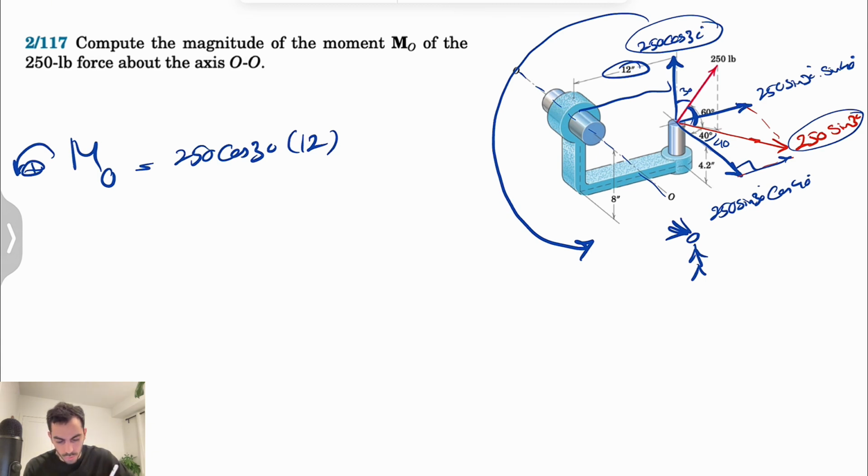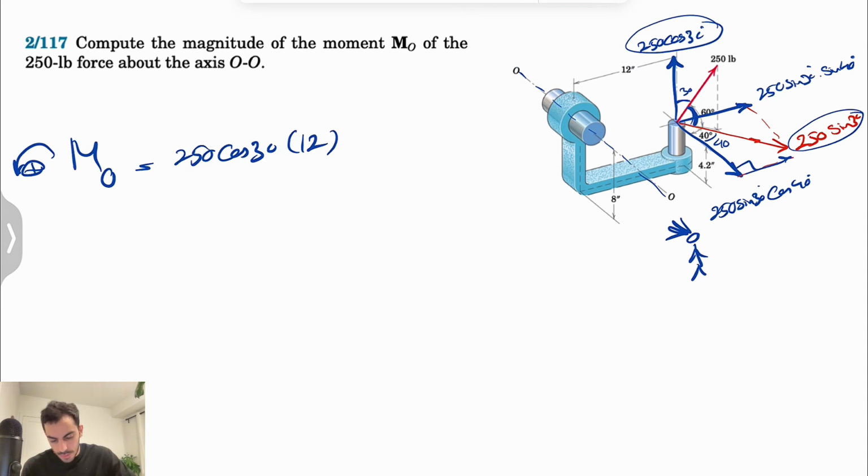Now we have to look for the other moments for this question. So let's see what we have for this force in here: 250 sine of 30 sine of 40. Again, if I continue the line of action, the force is going to be underneath the axis OO.